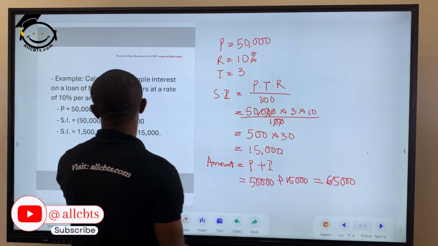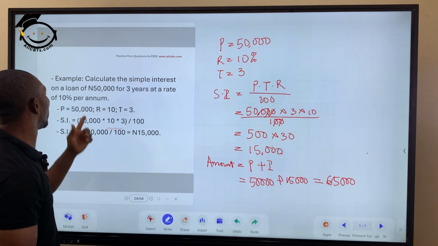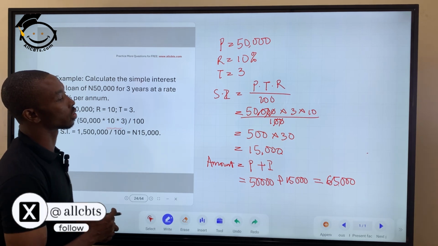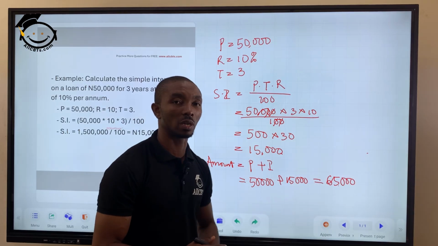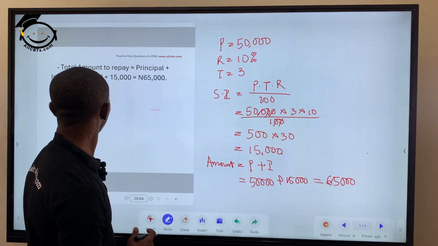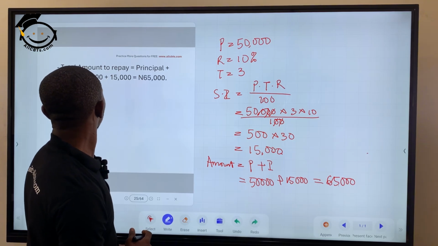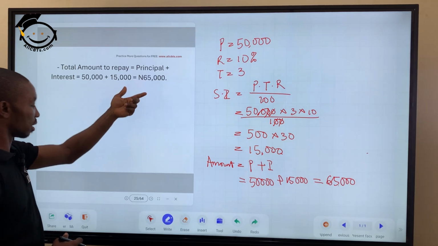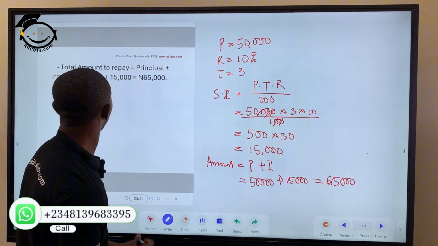So whoever is borrowing 50,000 for 3 years at 10% per annum would pay a total of 65,000 after 3 years. All right. The total amount to repay will be principal plus interest, which is 65,000.